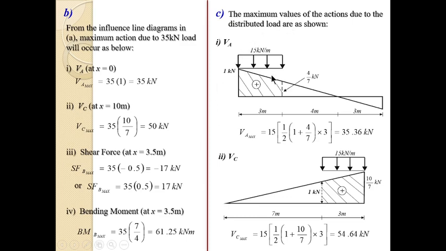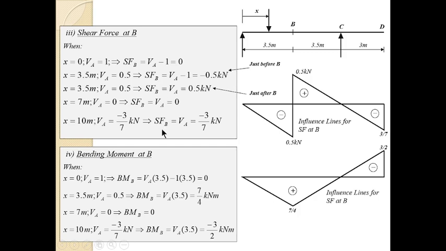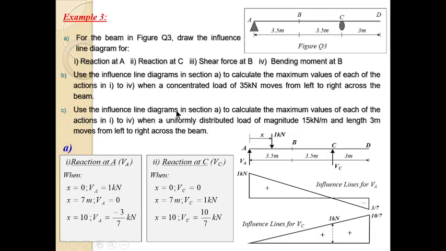Okay, let's go back to the question. The question said, use the influence line diagram in section A to calculate the maximum values of each of the actions in 1 to 4 when a uniformly distributed load of magnitude 15 kilonewton per meter and length 3 meter moves from left to right across the beam.